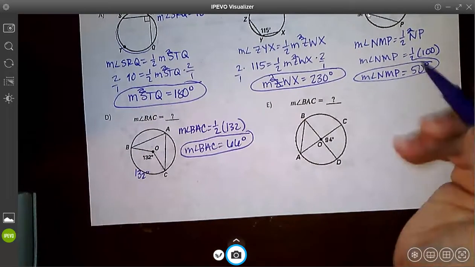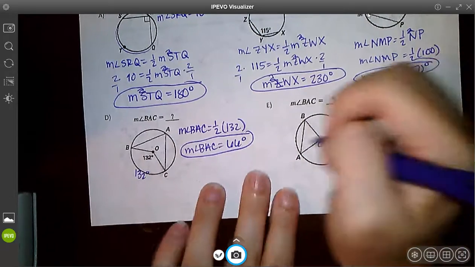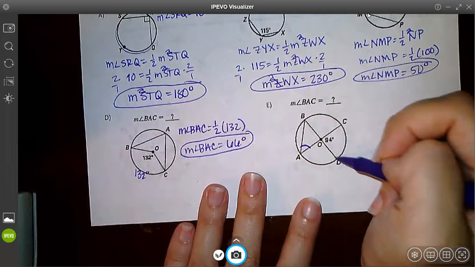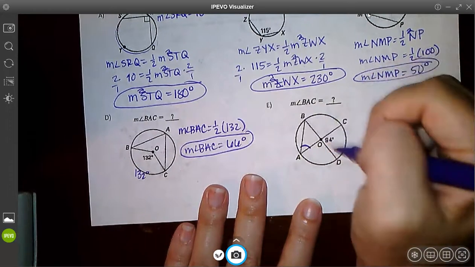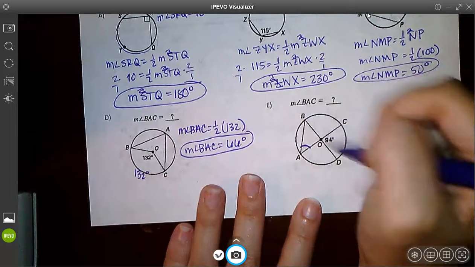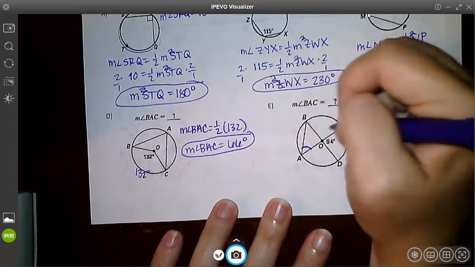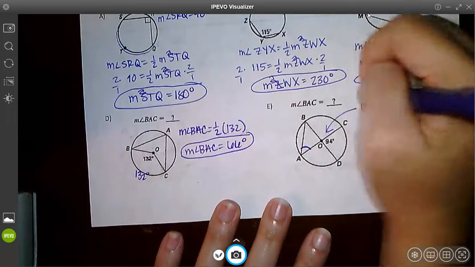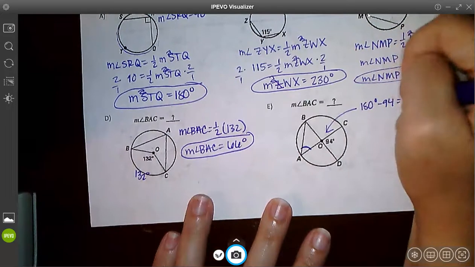And then our last one, the measure of angle BAC. So that's this angle. Well, we know this central angle is 94. BD is a diameter. So because it's a diameter, these two angles here, BOC and COD, are supplementary. So the measure of angle BOC is going to be 180 minus 94 because they are supplementary, which is 86 degrees.